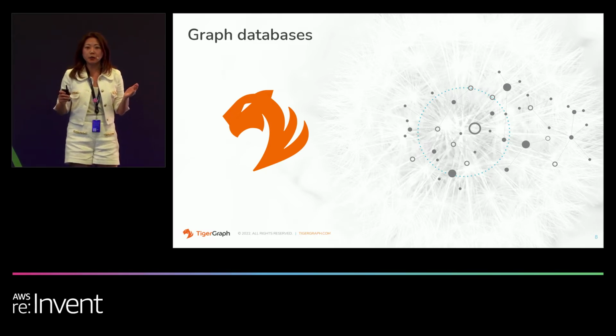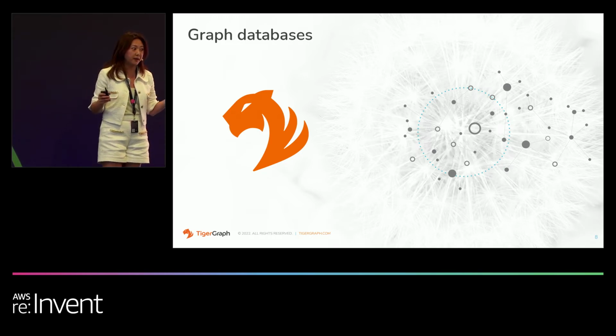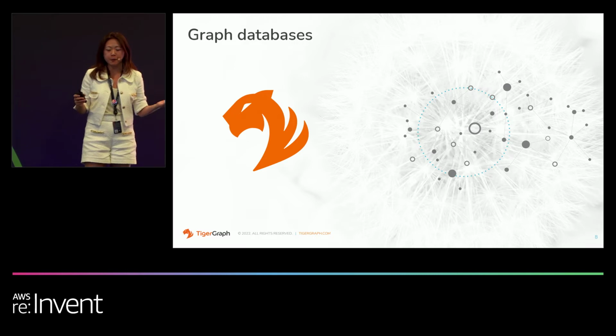Most recently, we completed a 36 terabyte benchmark. That's an in-memory database. So that's actually quite impressive, because most vendors out there perform at the 1 terabyte mark. So at 36 terabytes, it's huge.